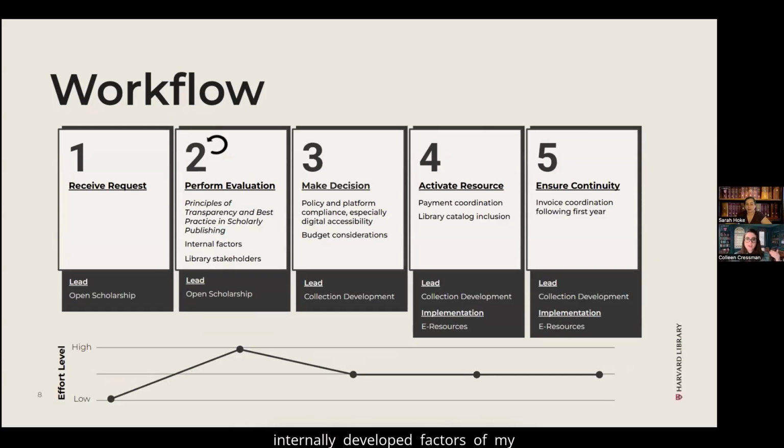For the internally developed factors of my assessment, I employ a mix of descriptive and evaluative criteria across 8 categories. These categories are the mission of the resource, bibliographic information, governance, copyright and Creative Commons licensing, policies, guidance, and procedures, availability of the resource, preservation and indexing, and finally, activity statistics.